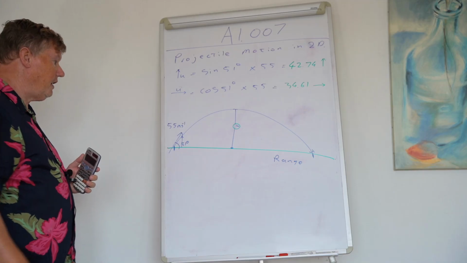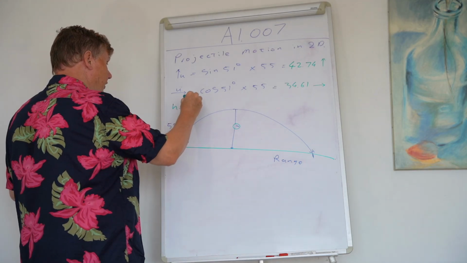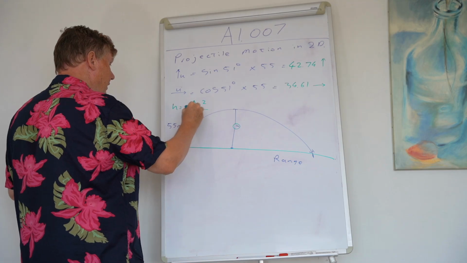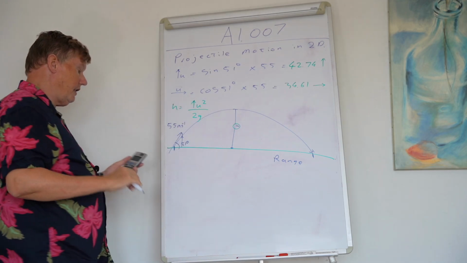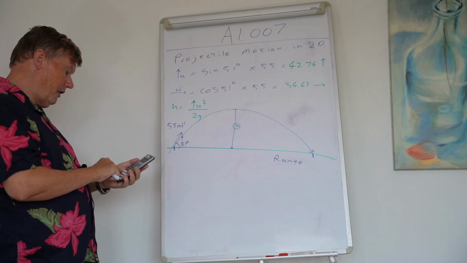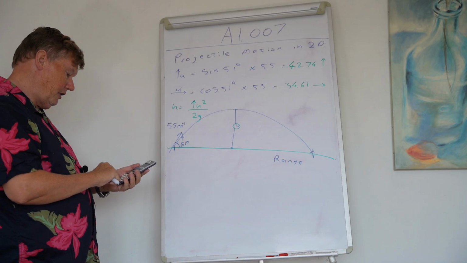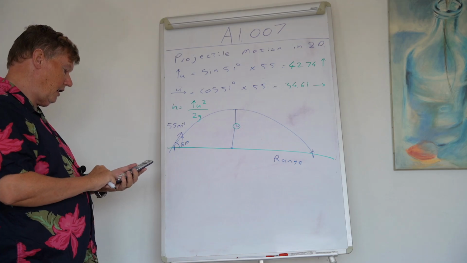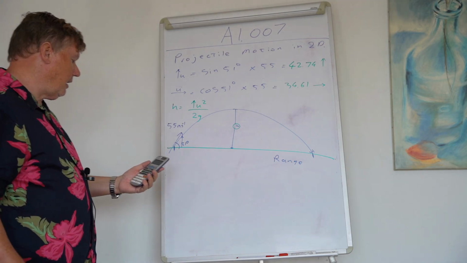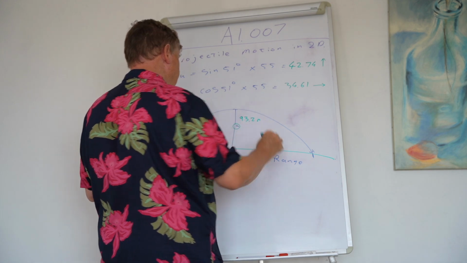Well, we have a very quick and easy formula for that. Maximum height equals, altogether now, vertical component squared divided by twice gravity. So the vertical component, 42.74 squared divided by brackets 2 times 9.8, close brackets, 93.2. It's going to go 93.2 meters in the air.